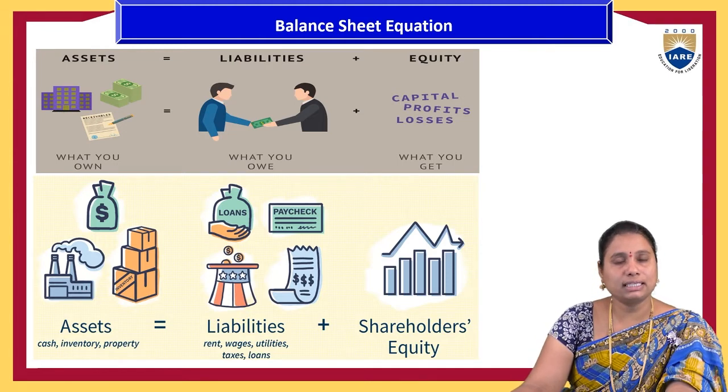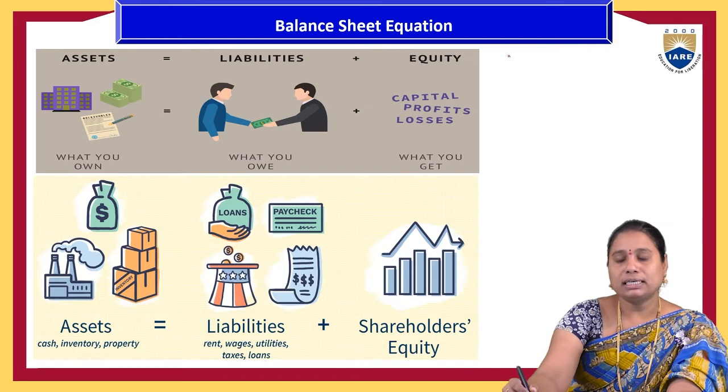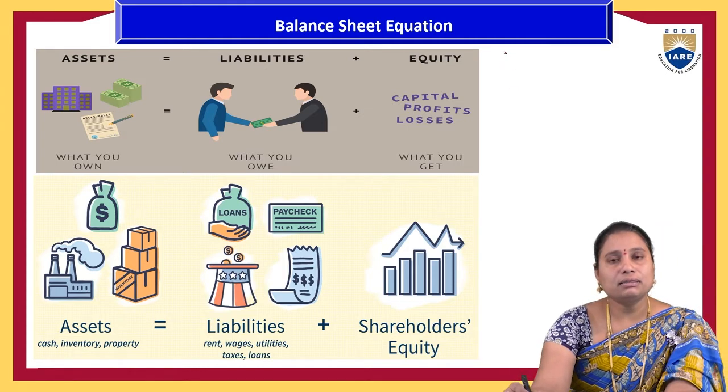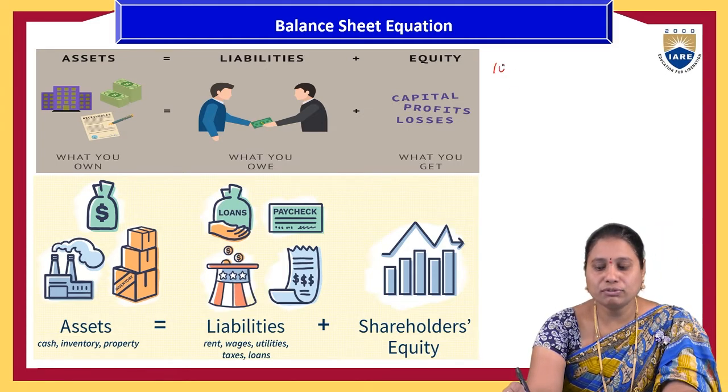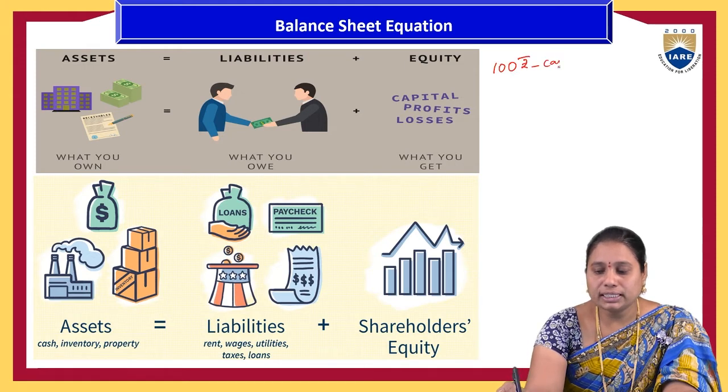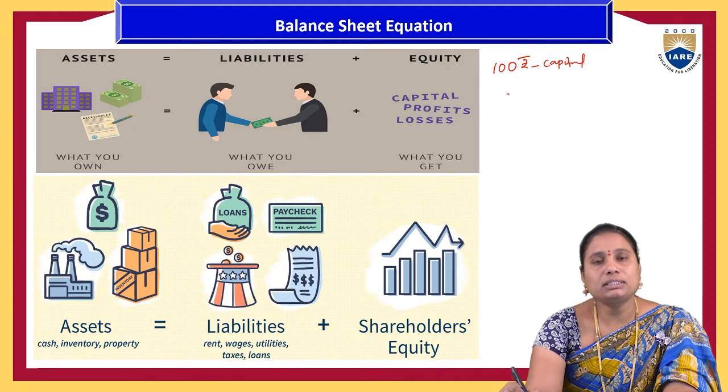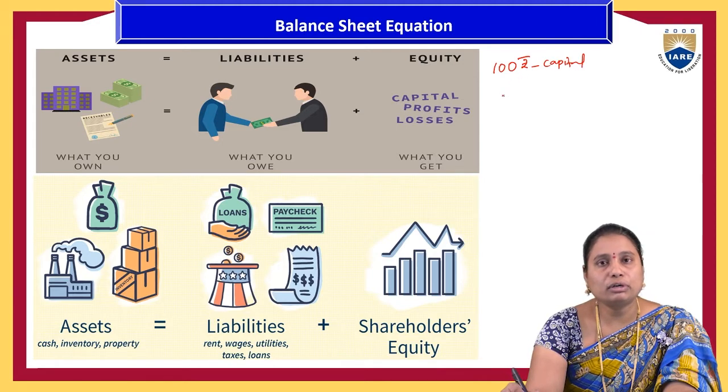We'll see with an example. If a person has 100 rupees, he treats it as the capital. With this 100 rupees, he has purchased 3 kilos of aloo, which is the raw material.